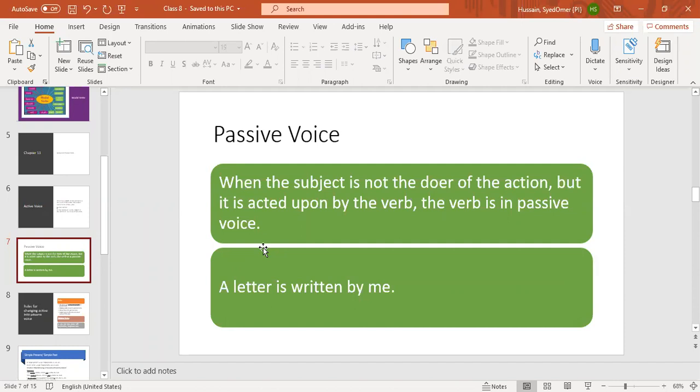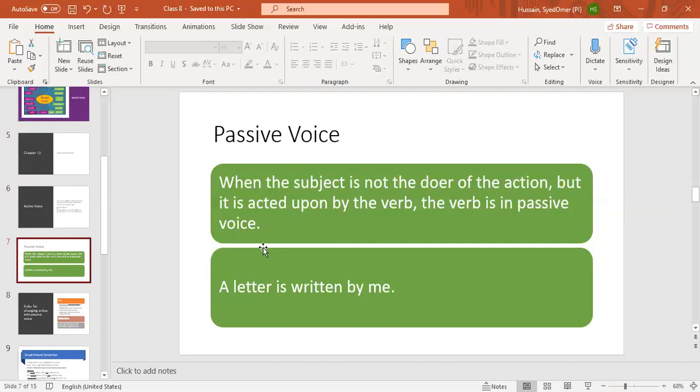For example, if I say the door is closed by me, the action is being done upon the door, and the object is door. The door itself is not doing any action. The door is closed by me. Clothes are washed by Sarah. Letter is written by him.